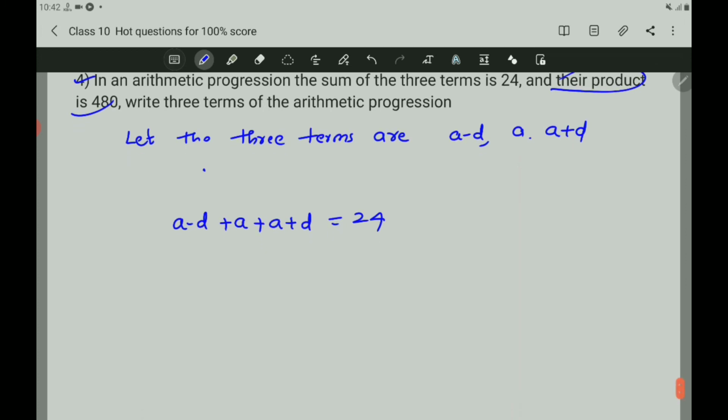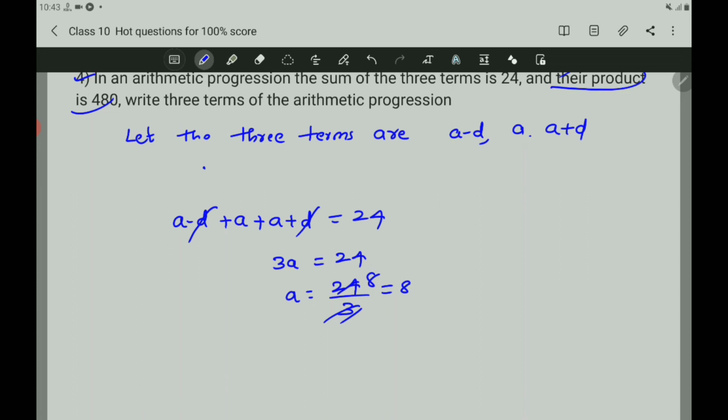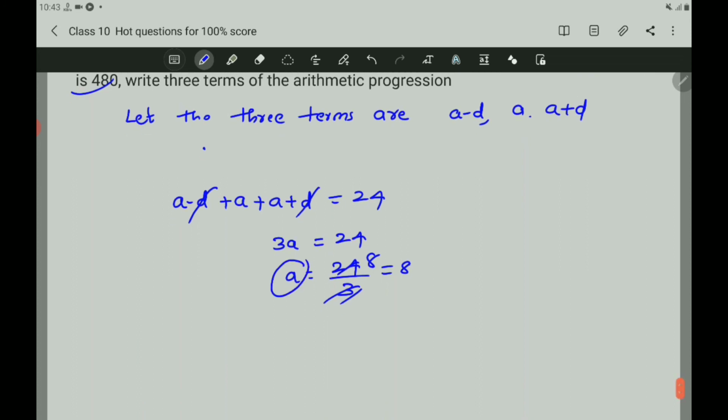So their sum equals 24. Now here what you can observe, minus D and plus D cancel. A plus A plus A is 3A equals 24. A equals 24 by 3. 3 eights are 24, so you got A equals 8. Here you got the second term. Here A is not the first term, that is the second term.